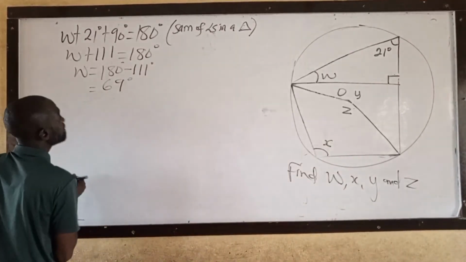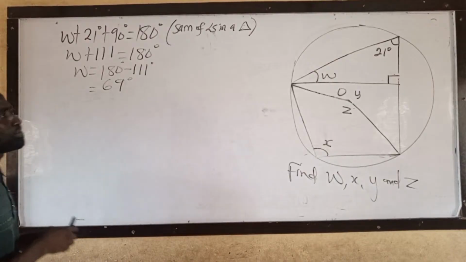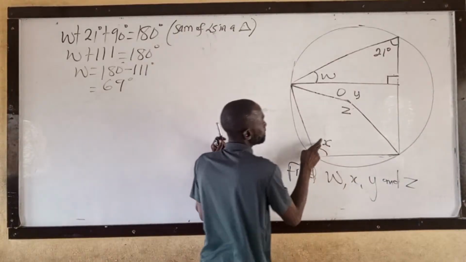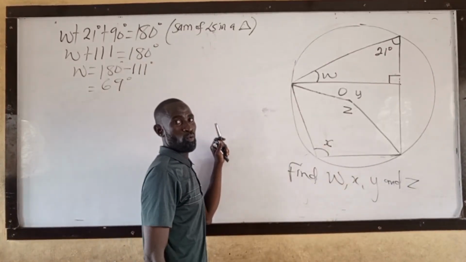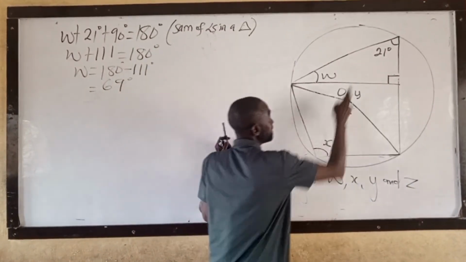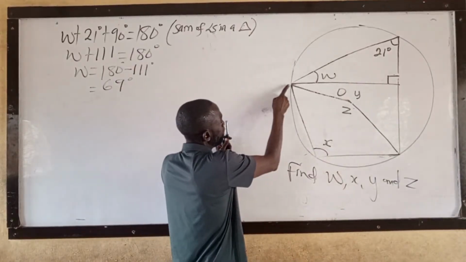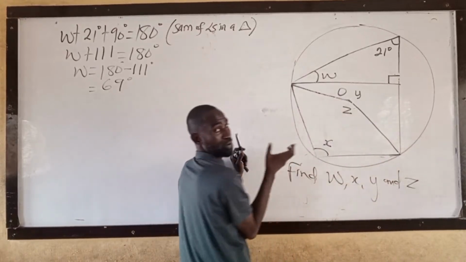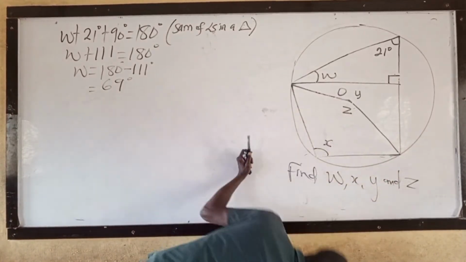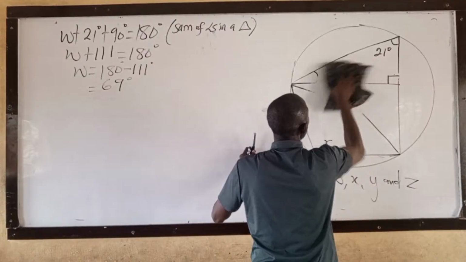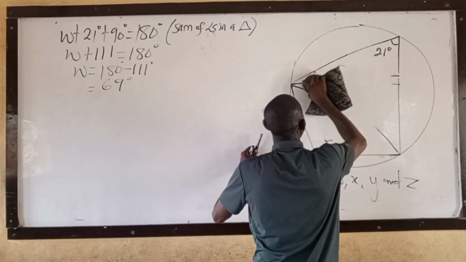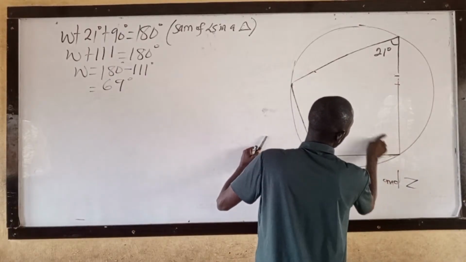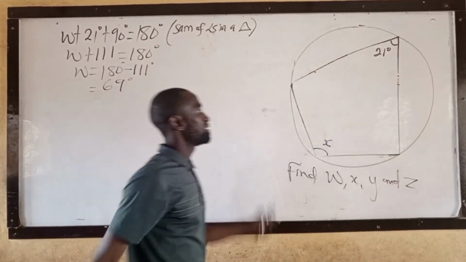The next one to work out, Z? Or can I get X? Okay, let me get X. This and this. What theorem is connecting this and this? Cyclic. Point 1, point 2, point 3, point 4. Cyclic quadrilateral theorem.